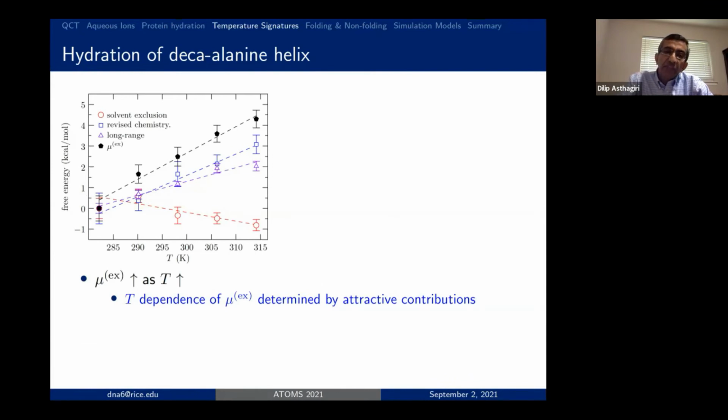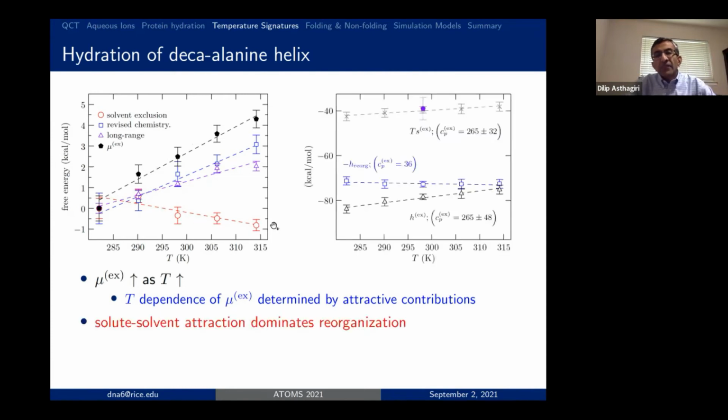It increases with temperature. And I'm plotting all of these values relative to the value at 282 Kelvin just for ease of viewing. Notice one thing, that this behavior is now dominated by attractive interactions. The packing contribution, or the solvent exclusion contribution, I'll come to in a minute.